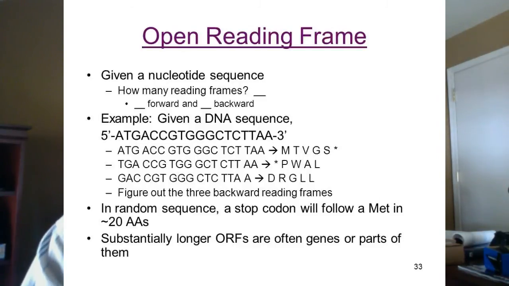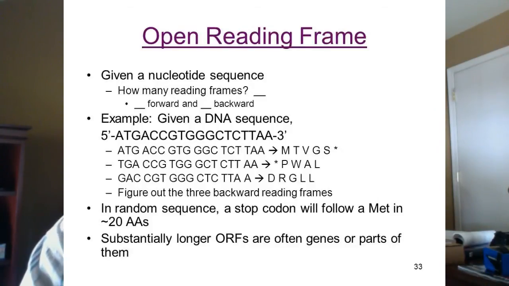Of course, if we went to the fourth nucleotide in that sequence, well, we would just start with A, right? Because if we count A, T, G, 1, 2, 3, A is fourth, well, then it would be ACC, GTG, GGC, and it would basically be the same as the first sequence, except minus that pesky little methionine residue.